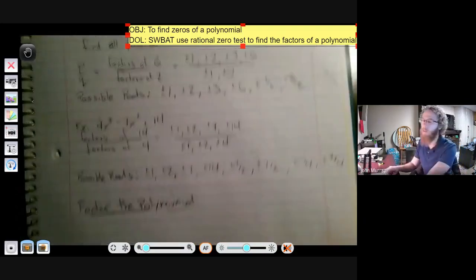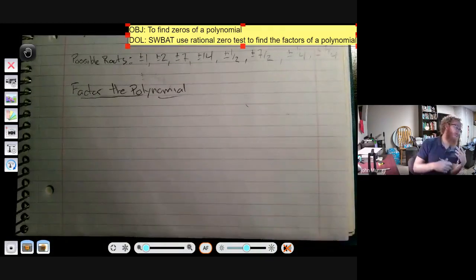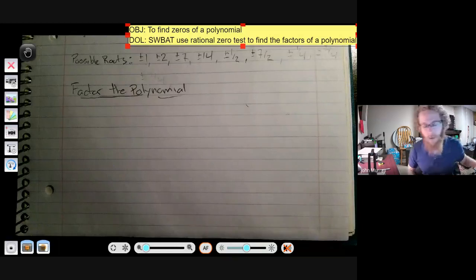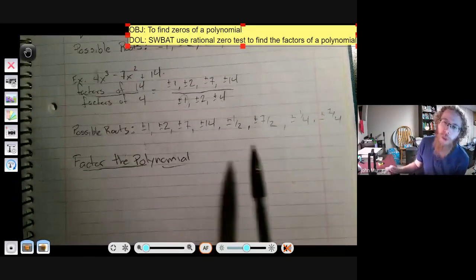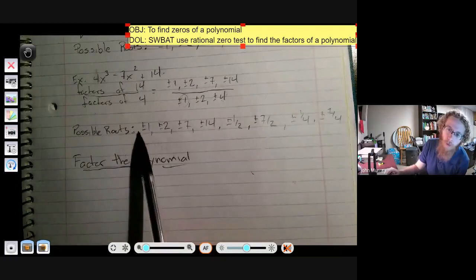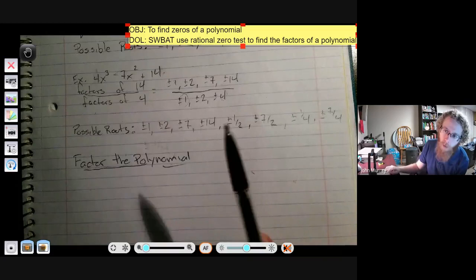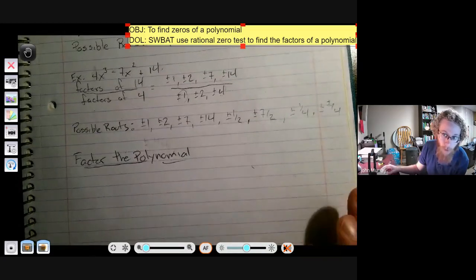So now we're going to take this up to the next step, which is to actually factor the polynomial. Now, with something like the last problem, these are a lot of roots to try, right? You can go through synthetic division with each one of these, but that's a lot of work, especially if you're just doing guessing and checking.